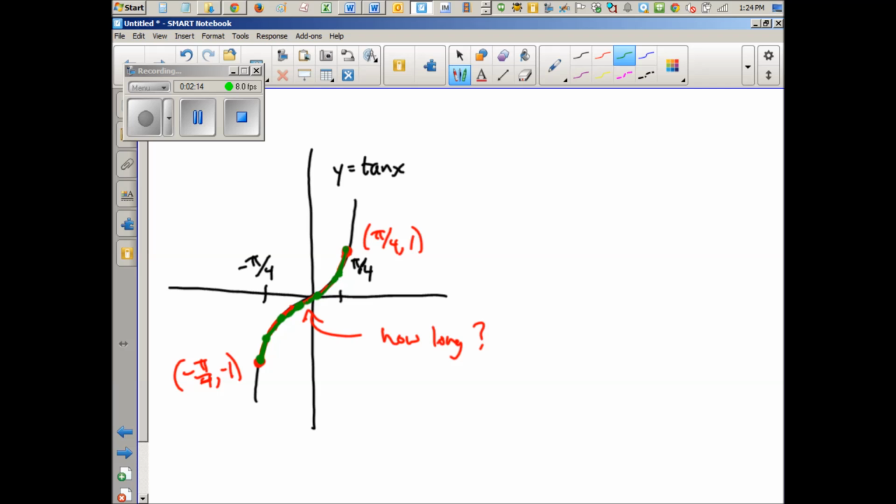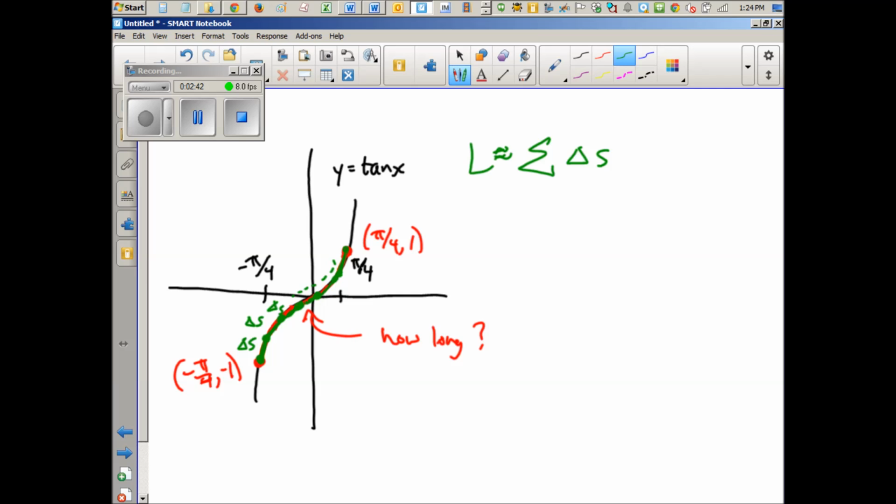But right now, isn't it safe to say that the total length is approximately, at least, the sum of all these little segments? And we're going to call them delta S. Delta S, delta S, and so on. Okay? And each one is a little bit different from the others, right?